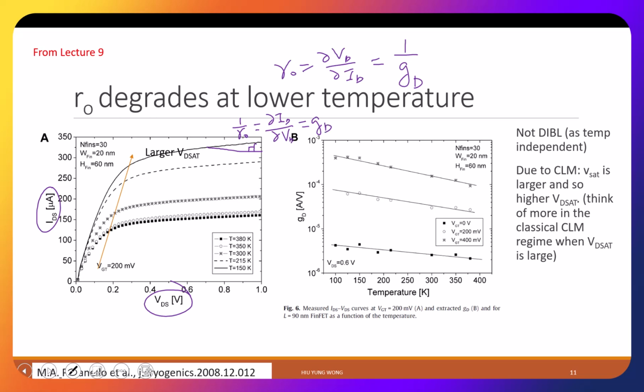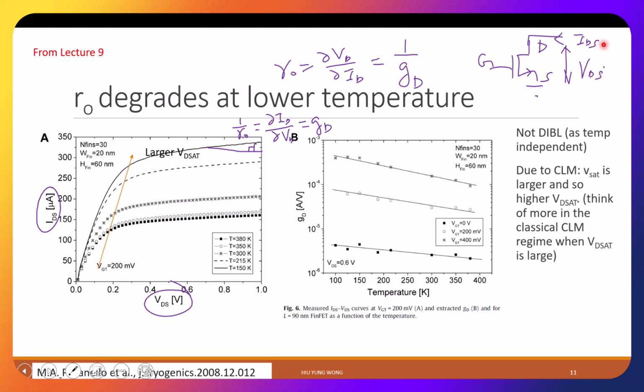So you have a transistor. This is D, this is S, this is gate. And we are talking about when you change VDS by 1 unit, how much current IDS is changing?